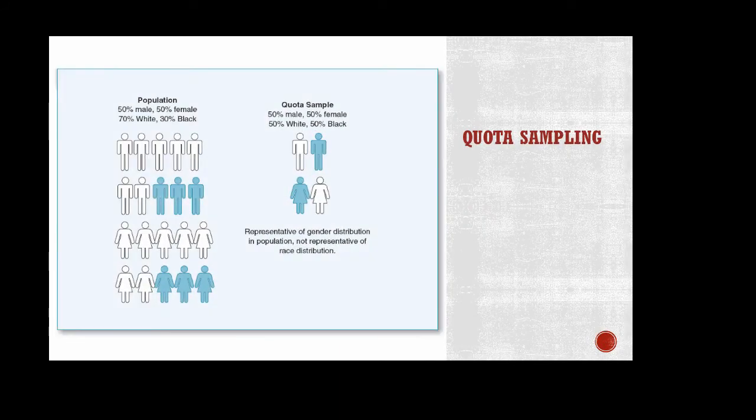Quota sampling is a procedure that restricts the selection of the sample by controlling the number of respondents by one or more criteria. The restriction generally involves quotas regarding respondents' demographic characteristics, specific attitudes, or specific behaviors.